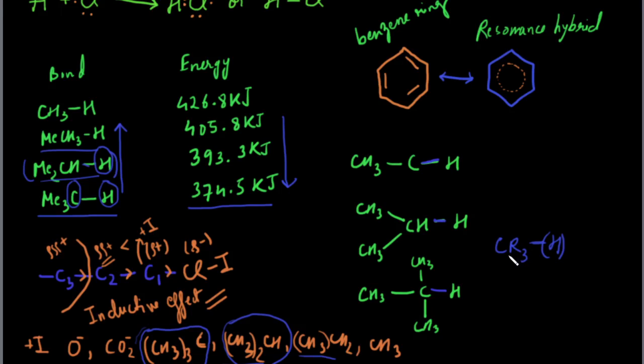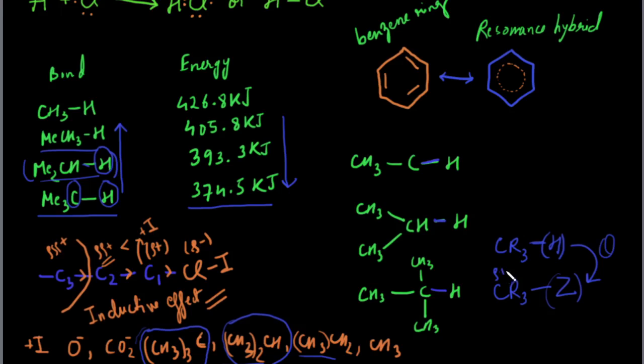If the H atom in this molecule is replaced by Z, say replaced after some reaction, Z can be any atom or group, and the electron density in the CR3 part of the molecule is less in this part than in CR3H.